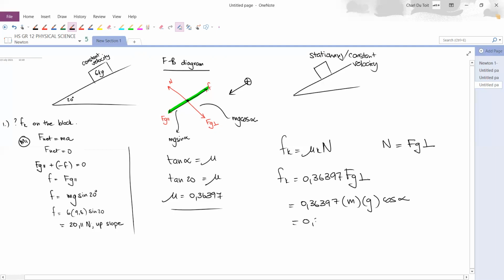This is a lot of decimals to write the whole time. The mass is 6, 9.8, cos 20. Let's type that in the calculator. I luckily have that long value still in my calculator, so I'm just going to multiply with 6, with 9.8, and with cos 20. And then I get 20.11. 20.11 Newton up slope.